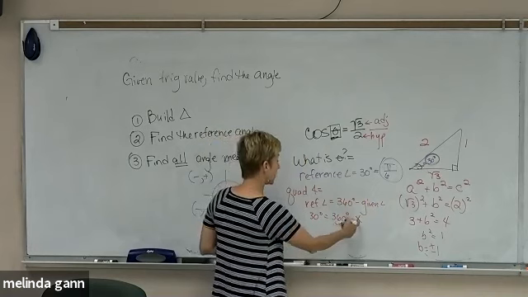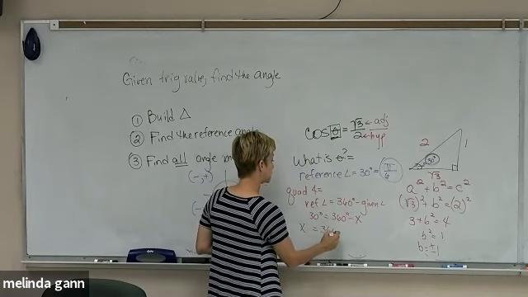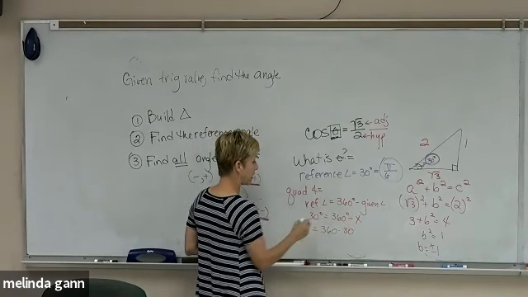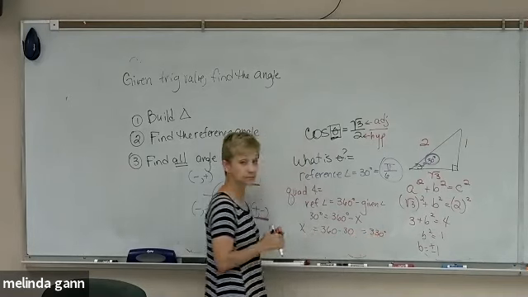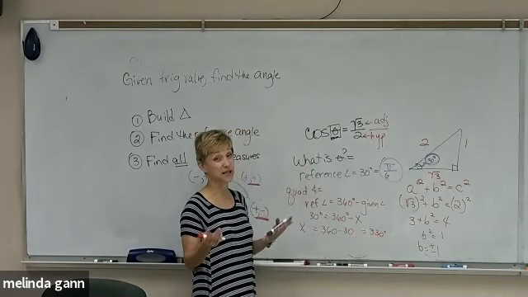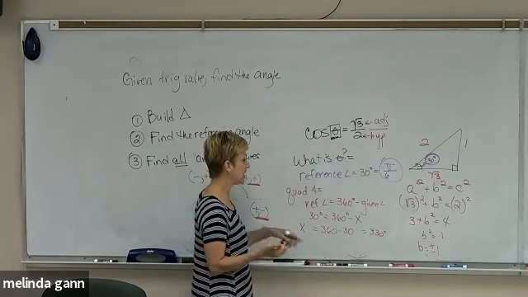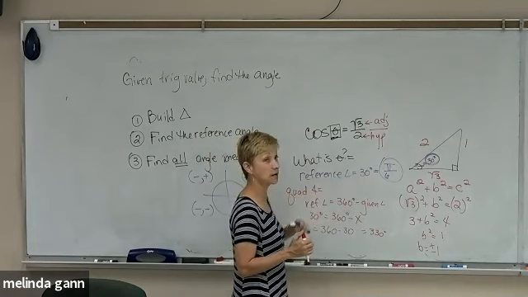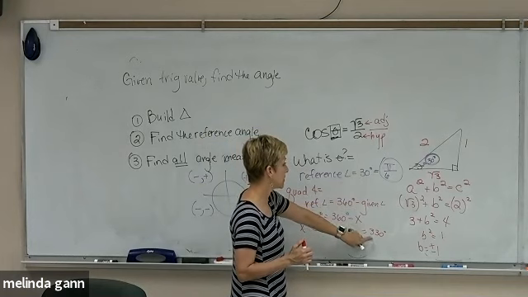So again, if I add x to both sides and subtract 30 from both sides, does that make sense? This one comes over there and that one goes over there. I'm going to get 330 degrees. But I can't have it in degrees, I've got to have it in radians. Now, to me, the sweet thing about it is this angle is always going to be a multiple of this one. So what do you multiply 30 by to get 330?